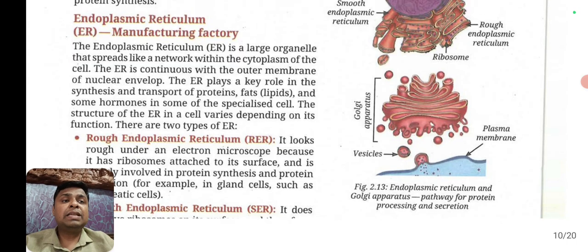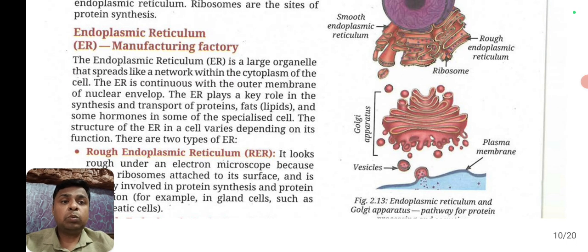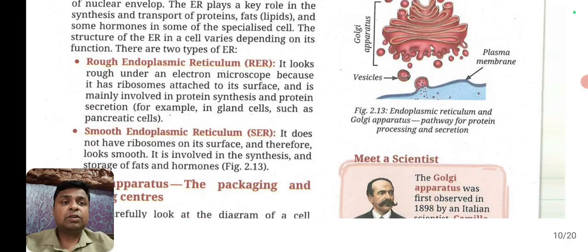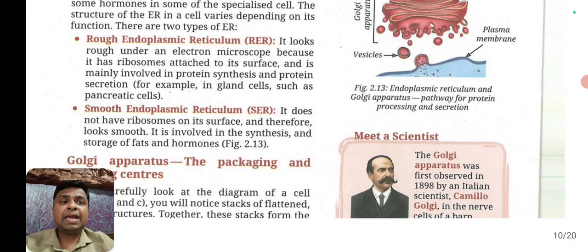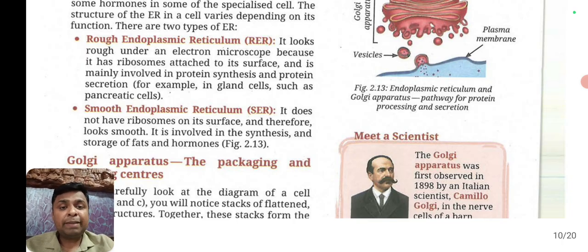Endoplasmic reticulum is a large organelle present in networks. So it plays an important role in synthesis and transport of proteins. So the structure of endoplasmic reticulum, rough and smooth, two types are there, RER and SER. When we look under a special microscope, the electron microscope, a normal microscope cannot see the structure clearly.